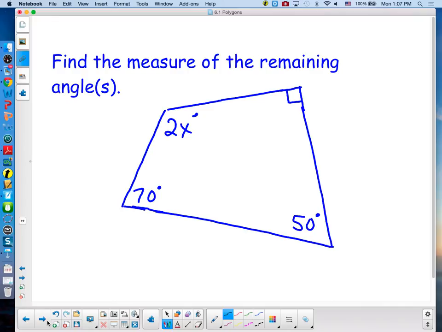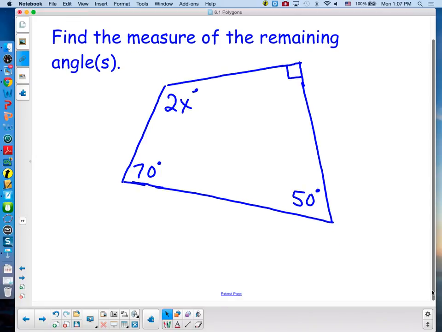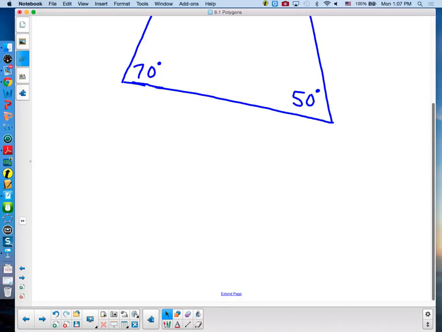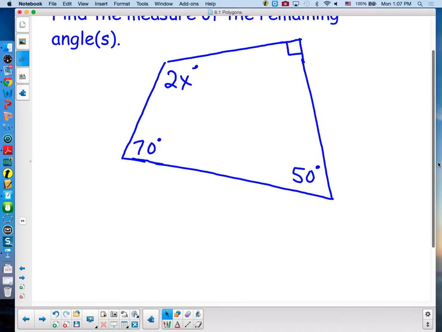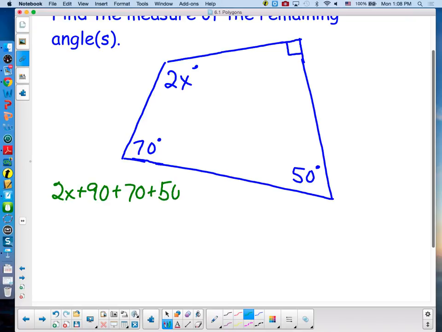Okay, show me. Okay, we've got a variety of answers on this one. We don't erase, we need to talk about this one. On this one, the angles all have to add up to how much? 360. Okay, so the 2x, 90, 70, 50, those all have to add up to 360.